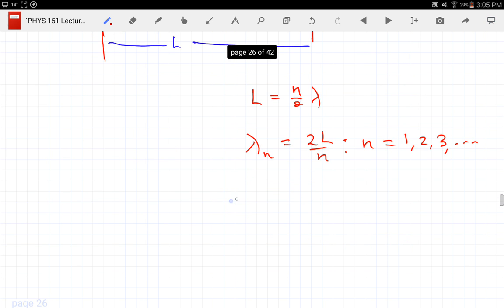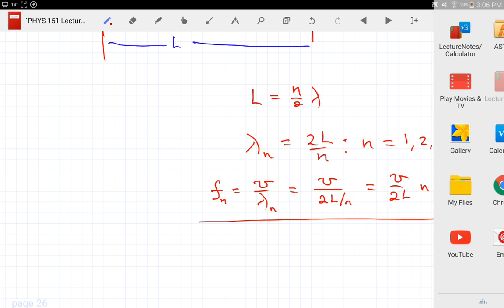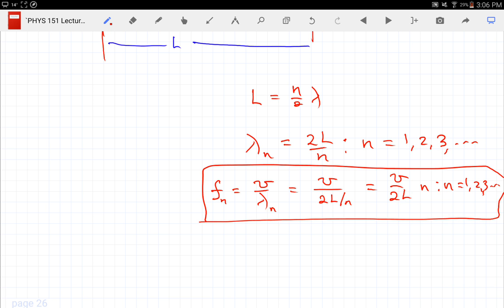Now, we know that frequency is equal to speed divided by wavelength. So if I put subscript n's on each of these and then substitute that in, that's going to be v over 2L over n, which would be v over 2L times n, where n is again 1, 2, 3, etc. So these are the frequencies that resonate on a string.